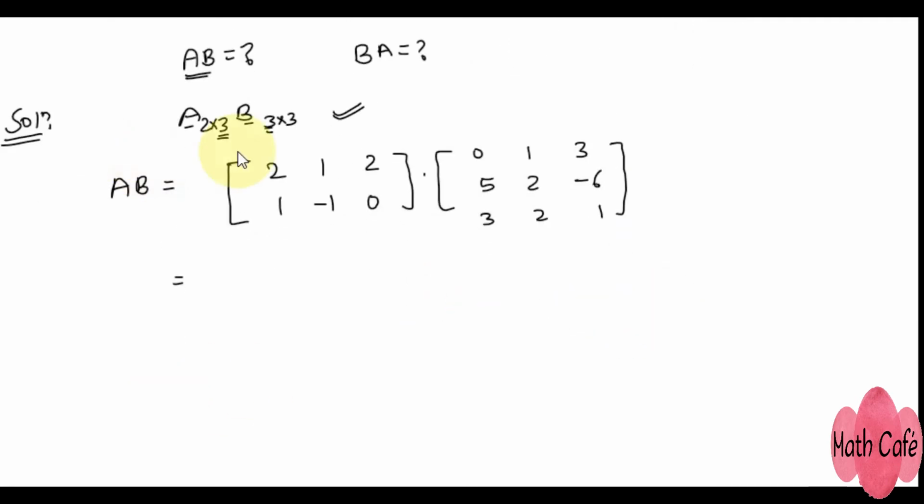Solve this matrix multiplication by the row column method. This is of order 2 cross 3 and this is of order 3 cross 3, so the matrix AB will be of order 2 cross 3.